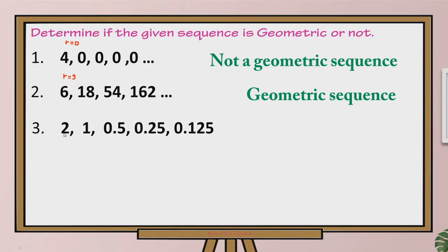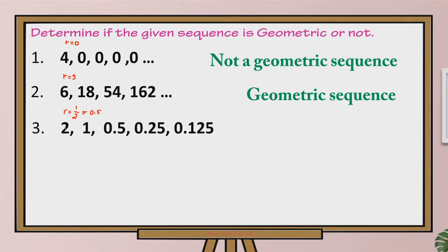Sa pangatlo naman, the first term is 2, next is 1, 0.5, 0.25, and 0.125. So, kung kukunin natin ang common ratio sa geometric sequence na to, the common ratio will be R equals 1 divided by 2 or 1/2, or in decimal, that is 0.5.